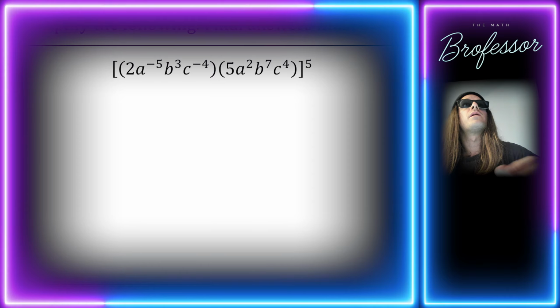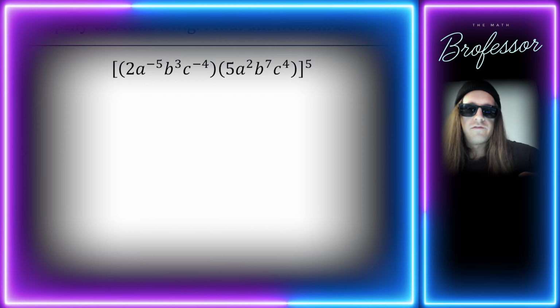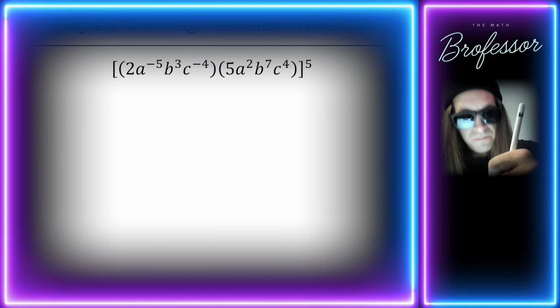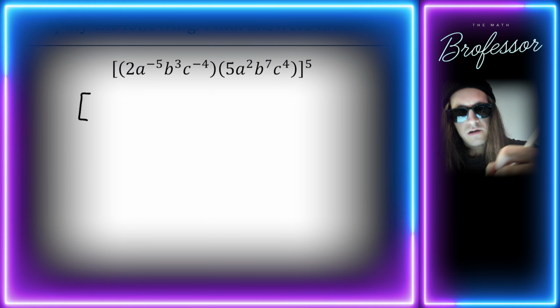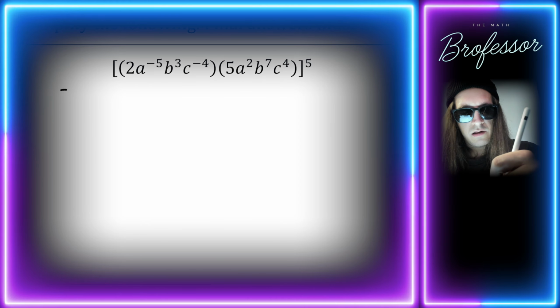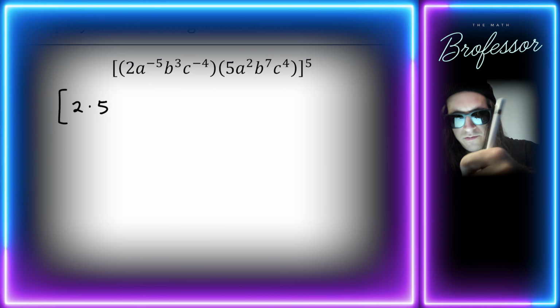Let's see. I want you to realize something here. Everything in the brackets is being multiplied. Multiplication is commutative, which means the order does not matter. You can rearrange this term by term. You can do 2 times 5.